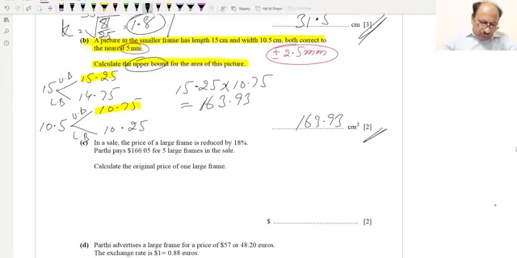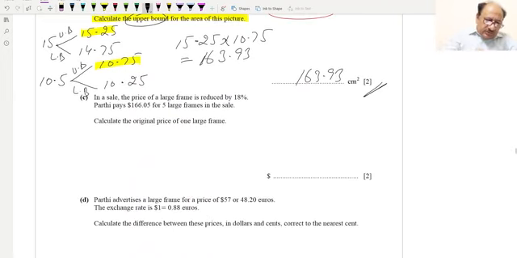Hopefully you understood this. Then C part. C part says in a sale the price of a large frame is reduced by 18%. Party says 166.05 is what she's paying for 5 large frames in the sale. So calculate the original price.